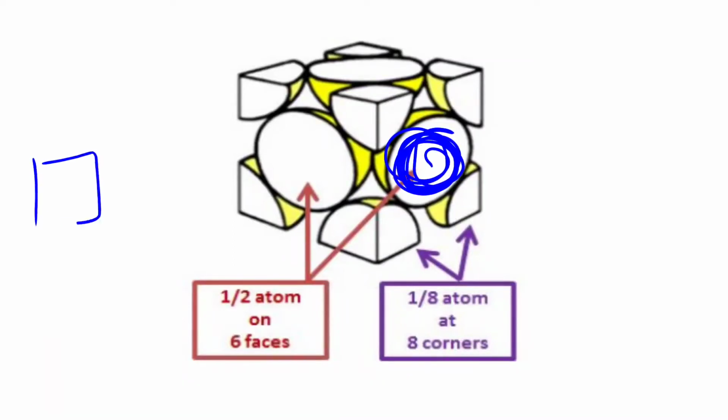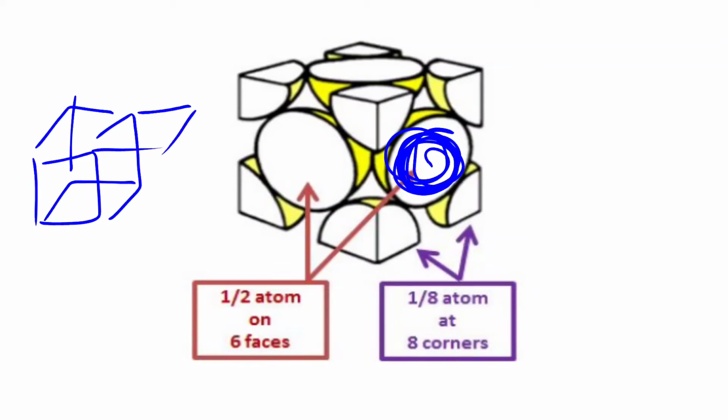So if we consider a unit cell in this way roughly, and if there is another unit cell combining like this here, now if there is an atom right at the center this way, that is, if you are talking about this unit cell, at the center of every 6 faces there is a constituent particle.